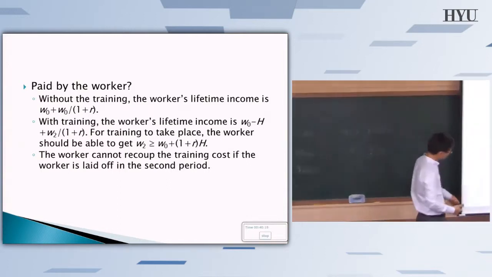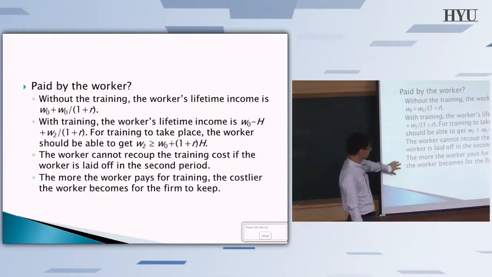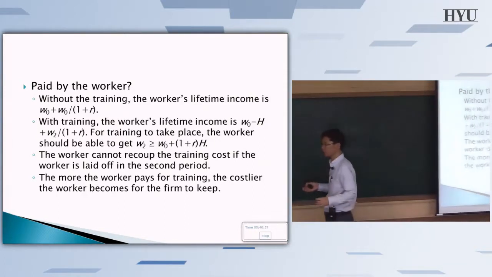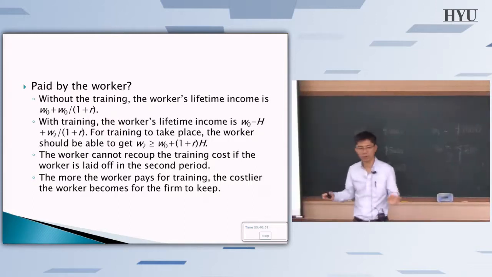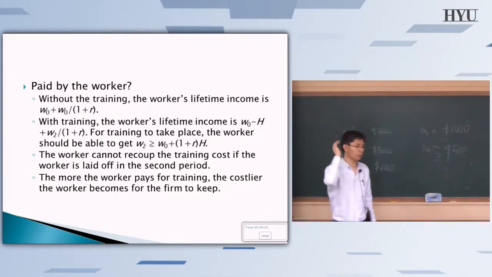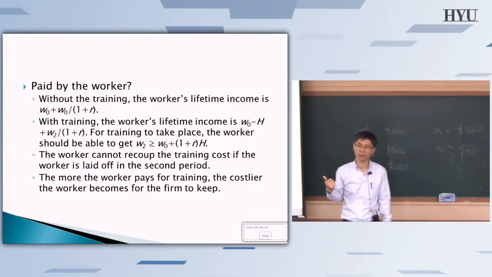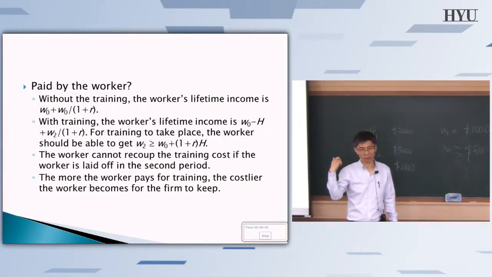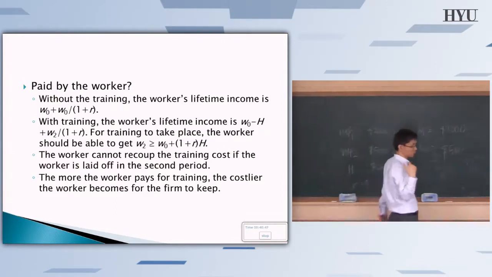The problem here is that if this training cost is high enough, okay, then the worker is willing to get this training only when the second period wage is high enough. Okay? So if the training is very expensive, then this expensive training will happen only when the employee has a guarantee to get the very high pay in the second period.